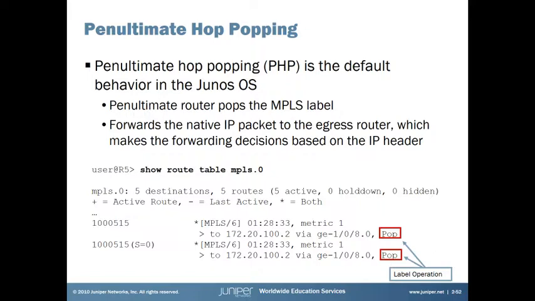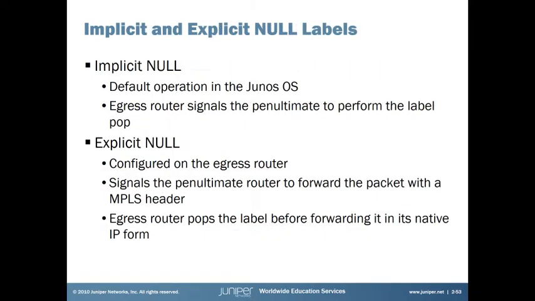So we've got an incoming label, and we've simply got a pop operation for the outgoing. We have this implicit null, which is the default operation for Junos operating systems.